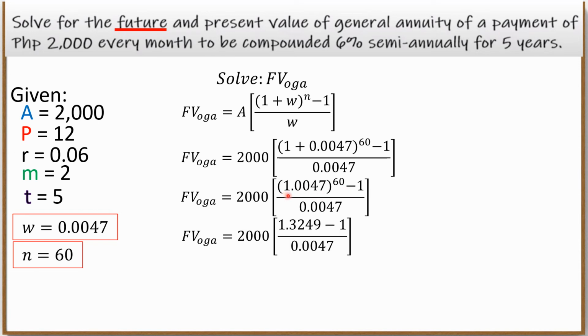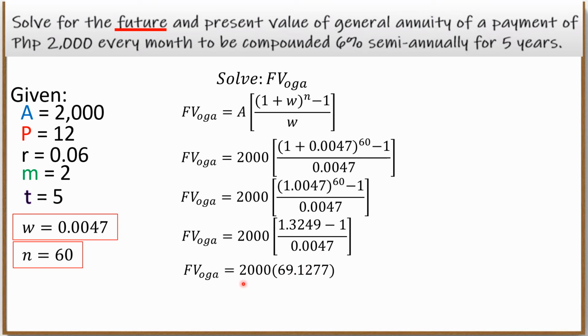Then we have 1.3249. So dito galing yan. Minus 1 all over 0.0047. Then we have 1.3249 minus 1 is 0.3249 divided by 0.0047.